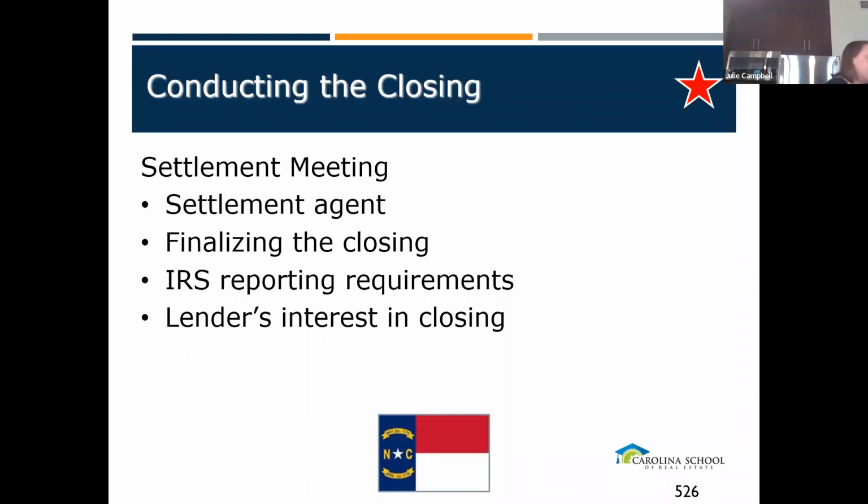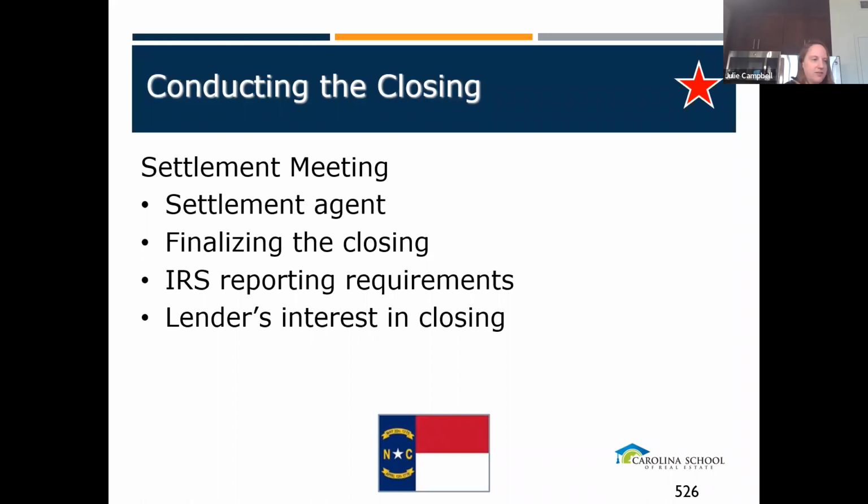And then the lender has an interest as well. The lender's interest is to get paid. One thing the lender does to protect their interest, as soon as the attorney is done recording the new deed, the very next breath, they're going to record the lender's deed of trust. You don't even have keys in your hand sometimes, and you already have a brand new lien put on your property.